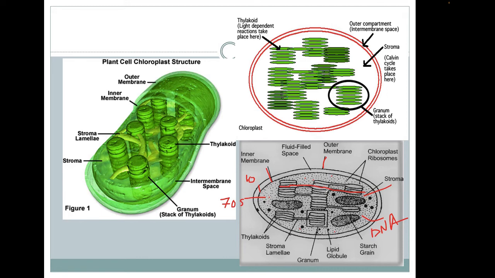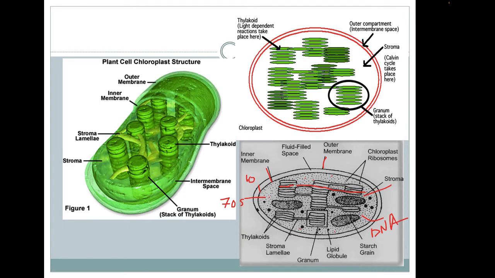Inside the thylakoids, a narrow lumen is present, that is, an empty space is present. We can see that in between the two lamellae they have a lumen, an empty space.